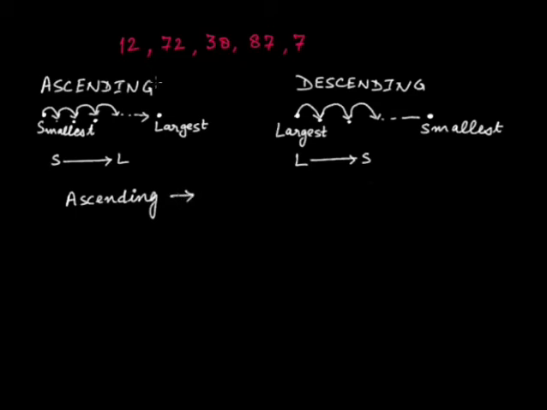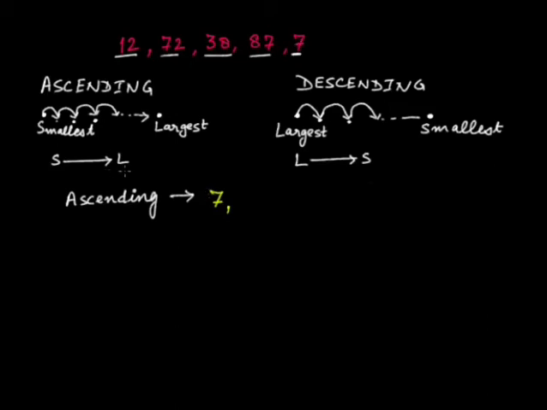As we saw in the previous video, on the same basis, this is a 2-digit number, this is a 2-digit number, this is a 2-digit number, this is a 2-digit number, and this is only a 1-digit number. Therefore 7 is the smallest number. So write down 7 because we have to start from the smallest, right?